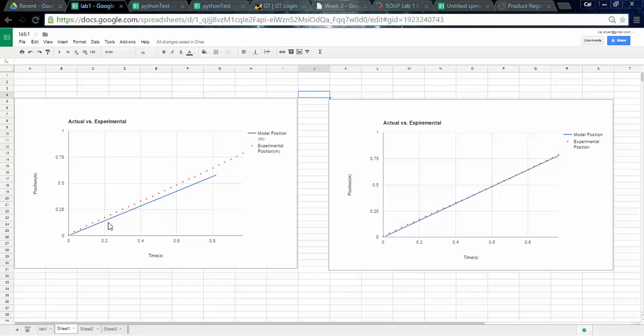I realized that this method was flawed and not very accurate. So instead, I used the initial position, the first position point, and the last one over here, and found the change in position over the change in time, and used that as my velocity, and it was a much more accurate velocity than the first one.